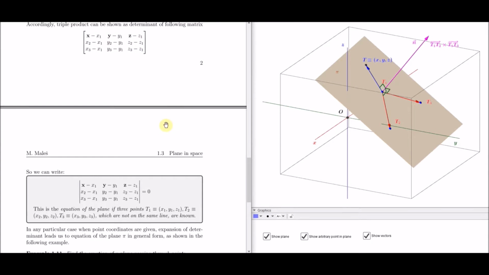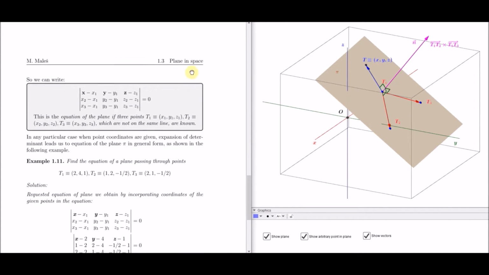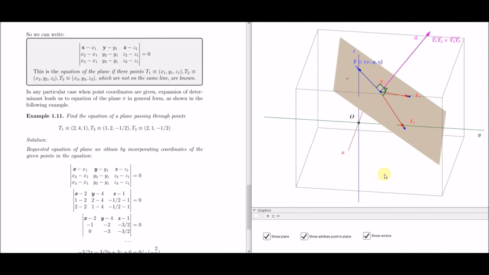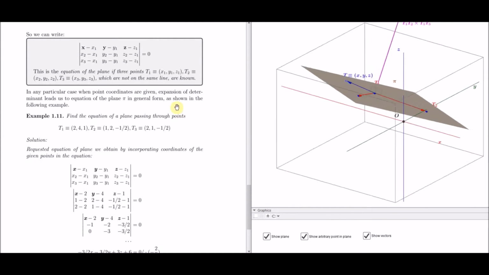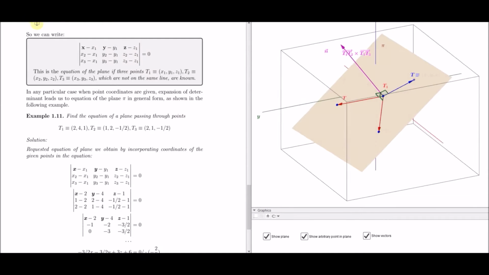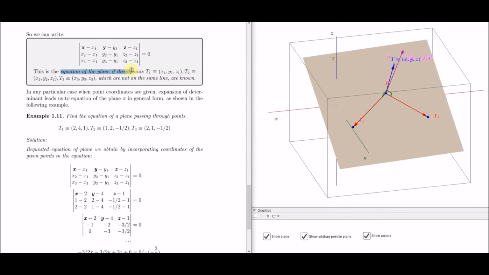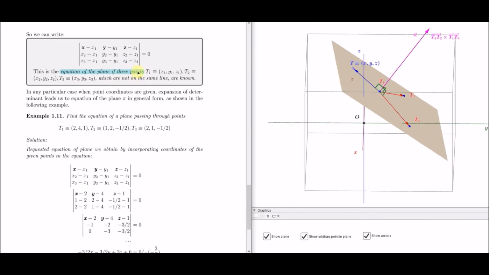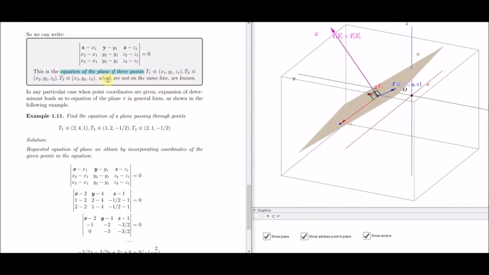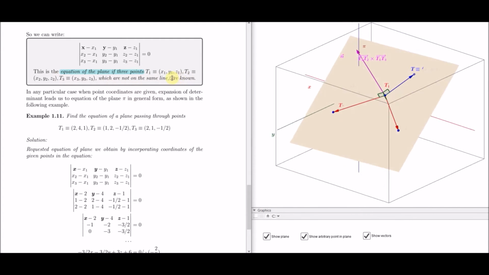Equating the determinant of this matrix with 0, we get this equation. In the first row, x minus x1, y minus y1, z minus z1, etc. equals 0. To summarize, this is the equation of the plane if the coordinates of the 3 points T1, T2 and T3, which are not on the same line, are known.